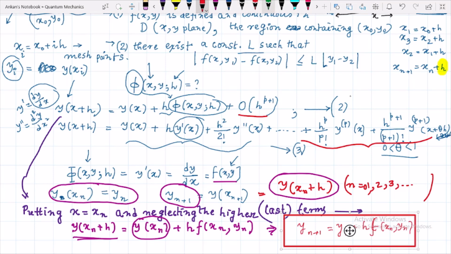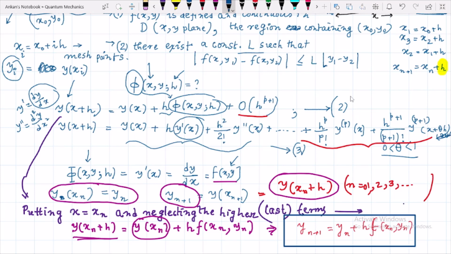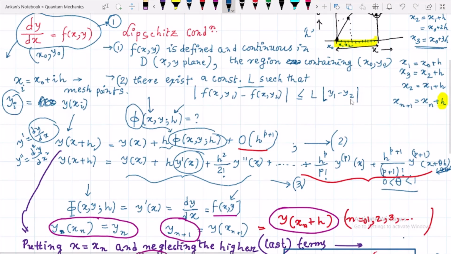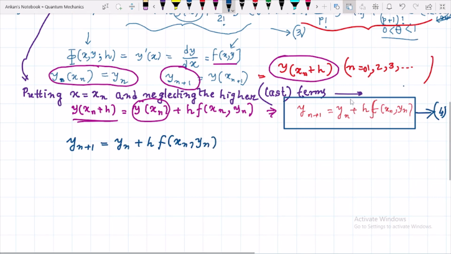This is the main equation to solve the differential equation by Euler's method. So if I wish to write it in a fresh way, we get that yn plus 1 is nothing but yn plus h f of xn, yn.